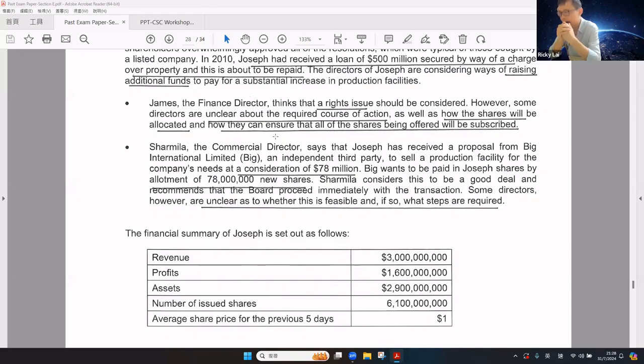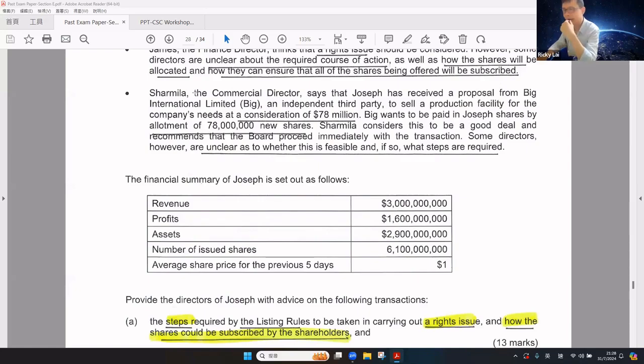The commercial director considers this a good deal, and recommends the board proceed immediately with the transaction. However, some directors are unclear as to whether this is feasible and what steps are required. And more importantly, this question also provides a summary of the financial information of the listed company. Needless to say, you need to know how to calculate the size test.